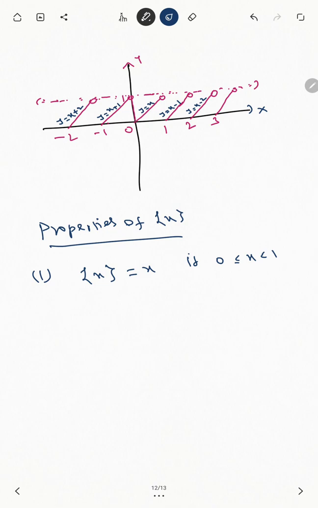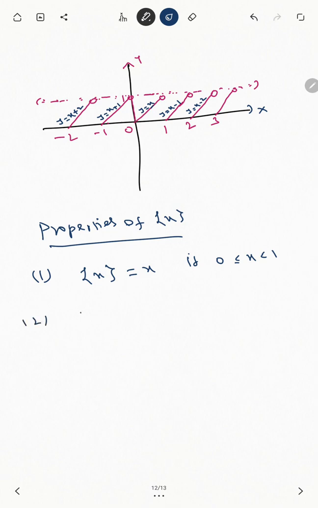From this graph only we can say fractional part of x is y equal to x. Look here, this one, between 0 to 1. Whenever x lies between 0 to 1, you have to see along the x-axis. At that time, what is the graph here? Y is equal to x. So the fractional part of x directly equals x whenever x lies between 0 to 1.